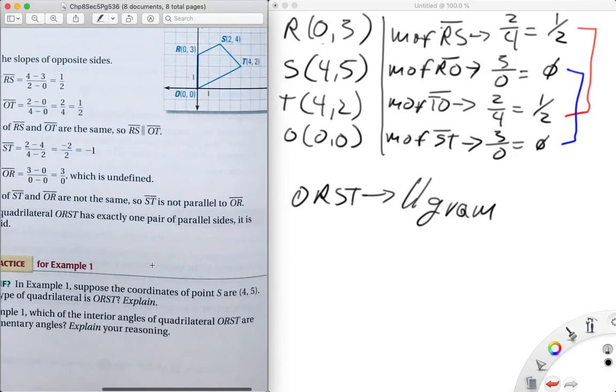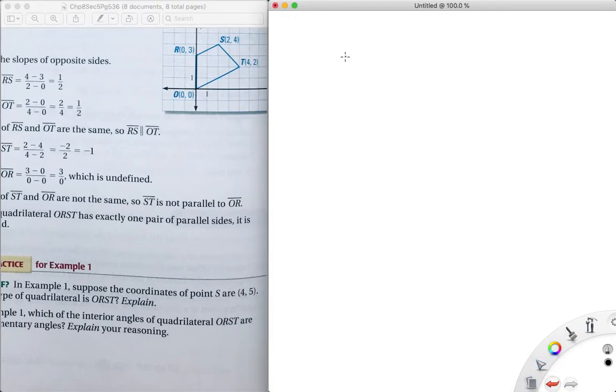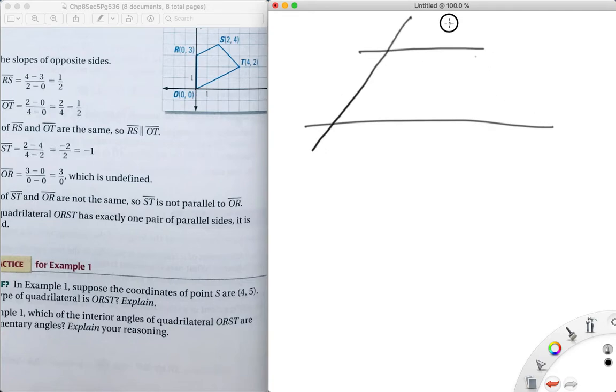Which of the interior angles of the quadrilateral are supplementary? So if I was to draw out the trapezoid as one pair of parallel sides cut by two transversals, these would be consecutive interior angles, right?